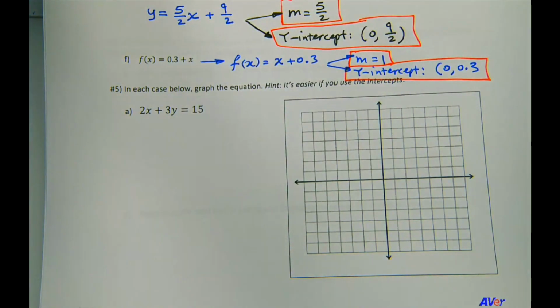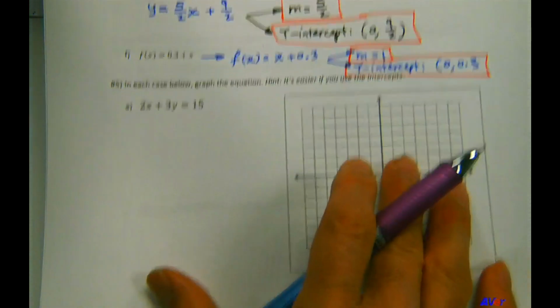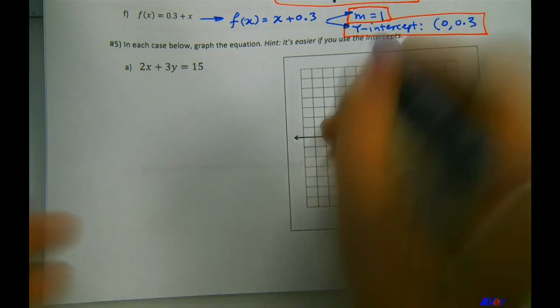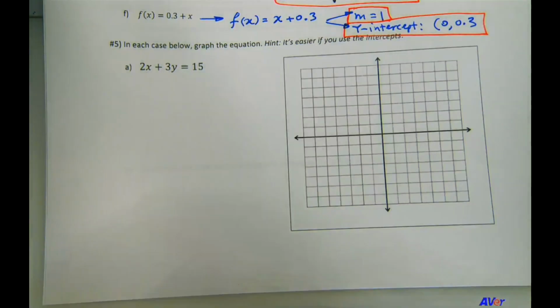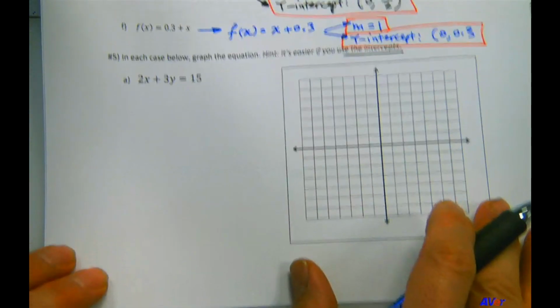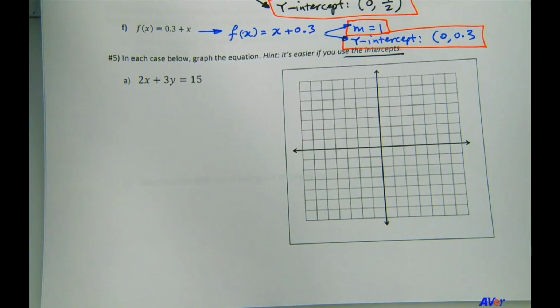Okay. All right. The next problem says, in each case below, graph the equation. Hint: it's easier if you use the intercepts, and it's covered right there. So it's saying use the intercepts. That's the hint we have, right? With straight lines, that's always the easiest way. With lines that are not straight, we would need more than the intercepts.